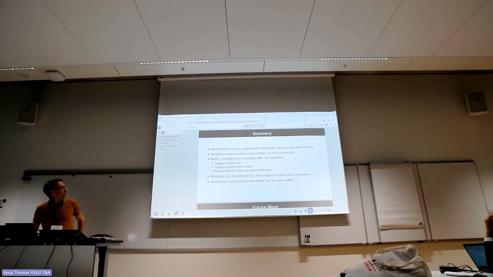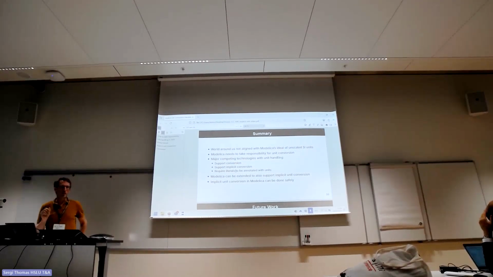And if we look at some of the competing technologies with unit handling, they all support unit conversions out of the box. You don't have to write your own conversion function expressing the relation between different units. They all do unit conversion without you asking for it. And they all require your values of quantity literals to express numeric value as well as the unit.